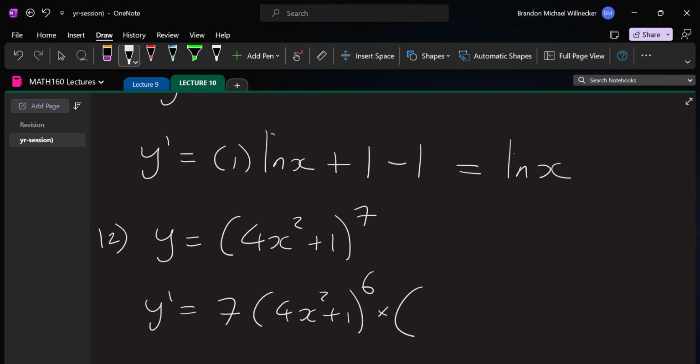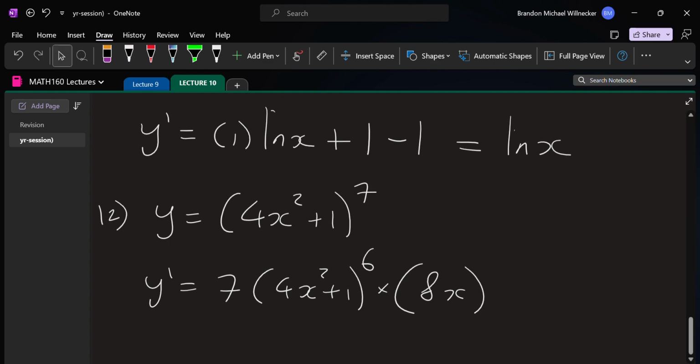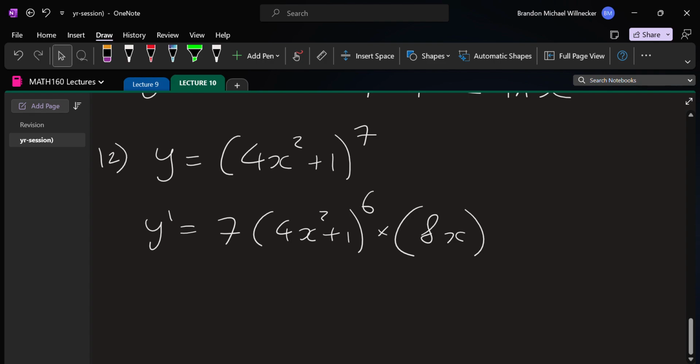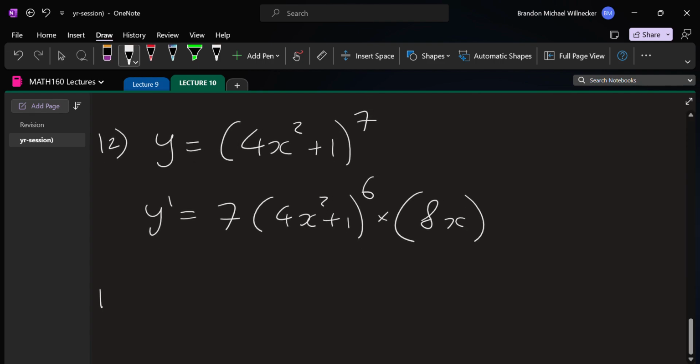So that becomes 7 times the inside stuff to the 6, times the derivative of the inside part, that's going to be 8x. Okay, and then the derivative of 1, that's 0, so we can just leave that out. Okay, any issues so far? All good. Okay, 13.